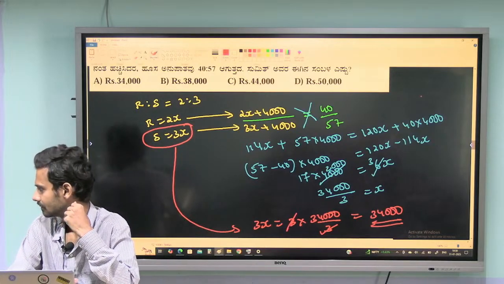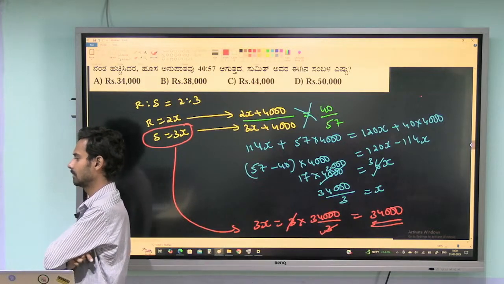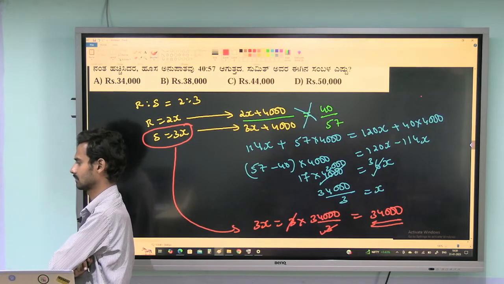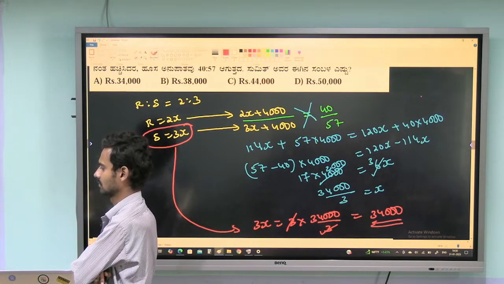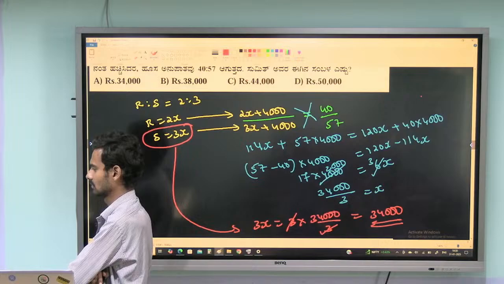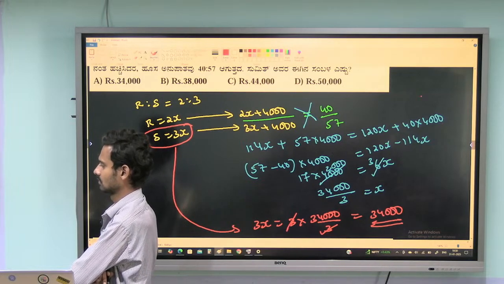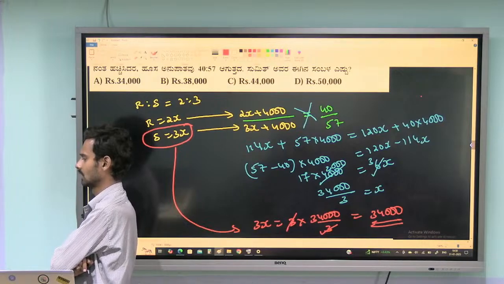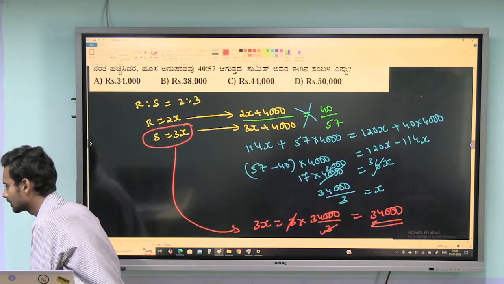Clear with this? Are you getting this? Please let me know in the chat box. Yes, please respond in the chat box.